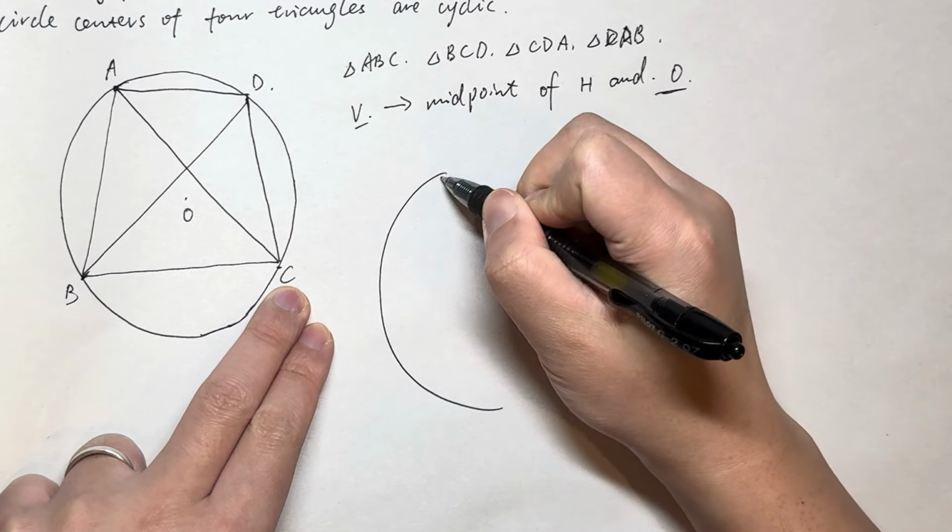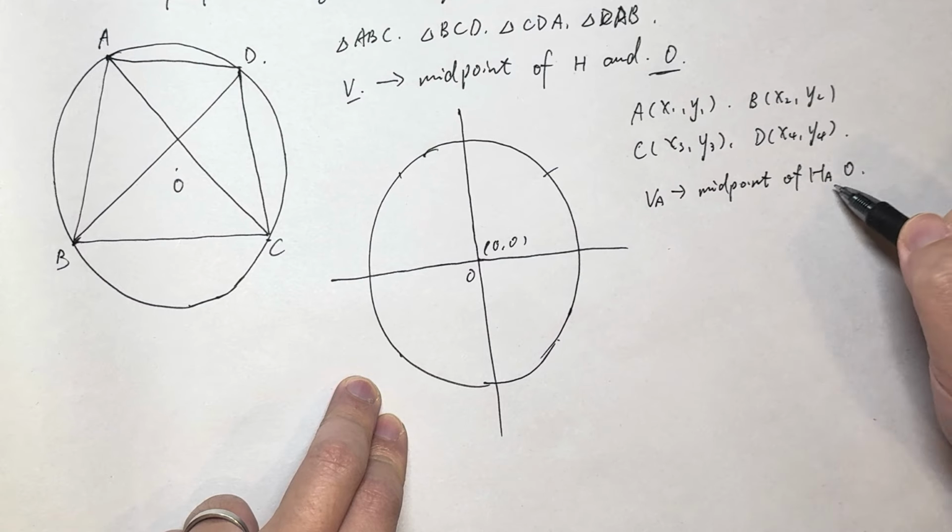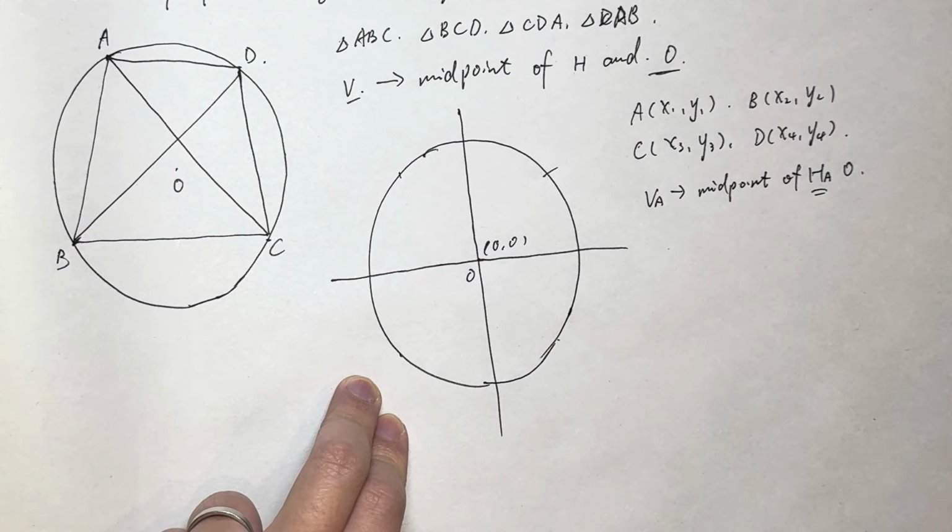We know that VA would be the midpoint of HA and O. Because the coordinate of O is (0, 0), we just need to find the coordinate of the orthocenter.